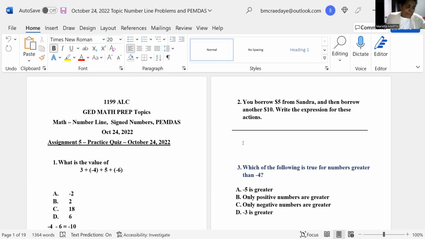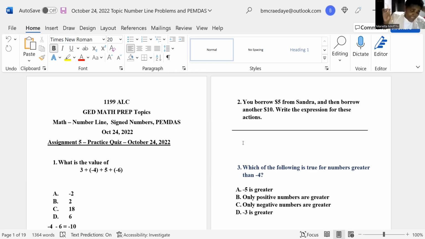Okay, so $5 from Sandra. How would you represent that with a sign? I put a subtraction. How would you represent borrowing from somebody? Would you say a +5 or a -5?